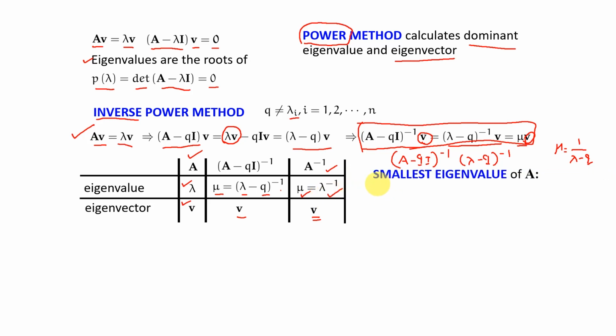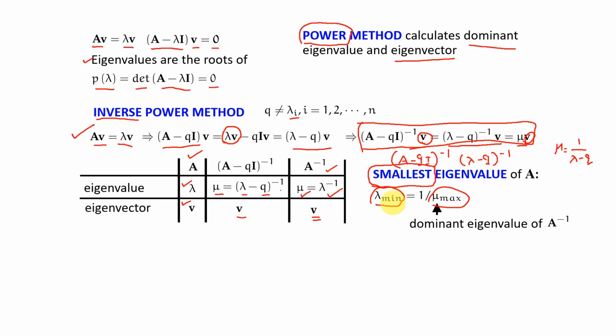Now let us say that we are interested in finding the smallest eigenvalue of A. We know how to find the largest eigenvalue using the power method, but now we want the smallest one. For the minimum lambda, mu will be maximum, if I take mu as an eigenvalue of A inverse.